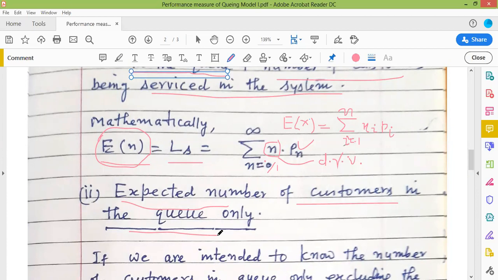It shows that the quality as well as the rate of this service is not satisfactory. It is not in proportion to the number of customers who have entered the service center. If the line is too long, what does it mean?